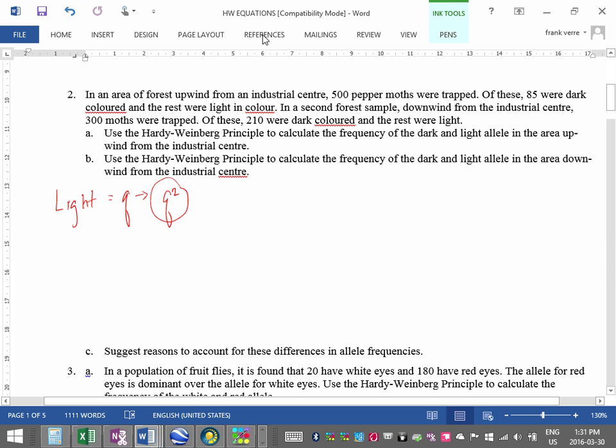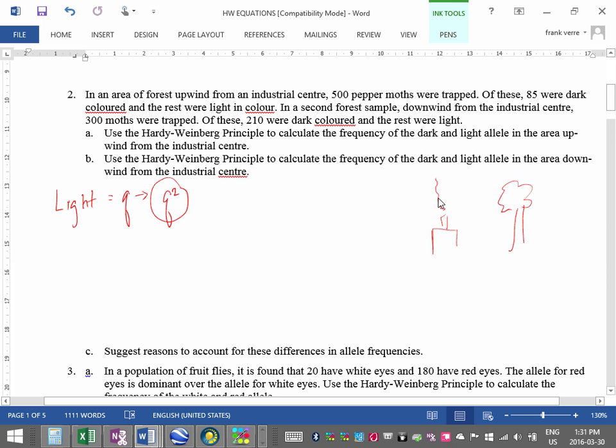So we have 2 samples. Here we have a forest. Here's my little forest. And it says, in a forest upwind from an industrial center. So here's my industrial center. It's got some smoke. Now, upwind and downwind.